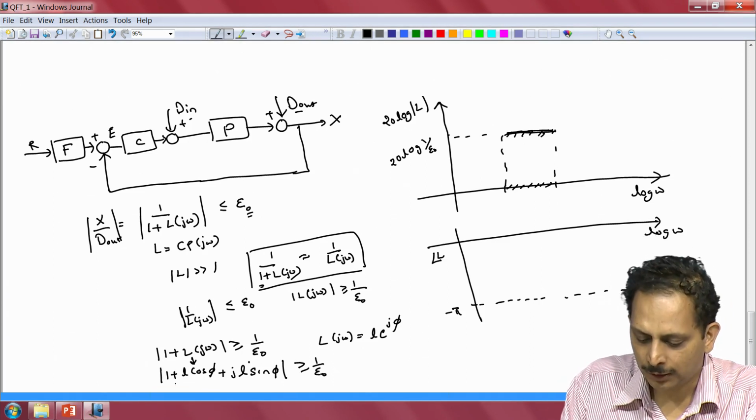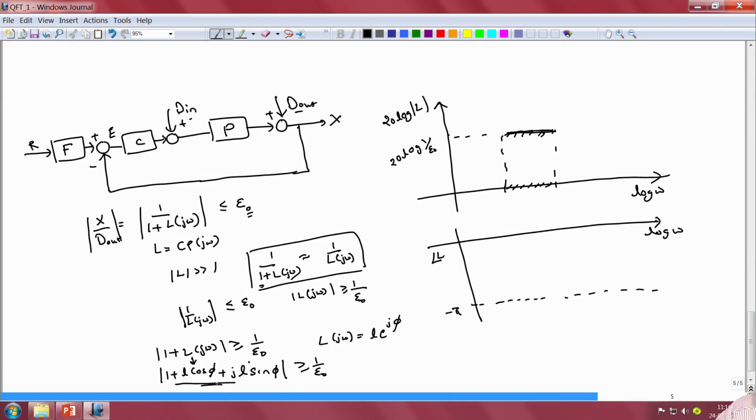So, the magnitude of the term given here is essentially given by square root of (1 plus L cos phi) the square plus L square sin square phi. It is essentially the square root of the square of the real part plus the square of the imaginary part, and that should be greater than or equal to 1 by epsilon naught.